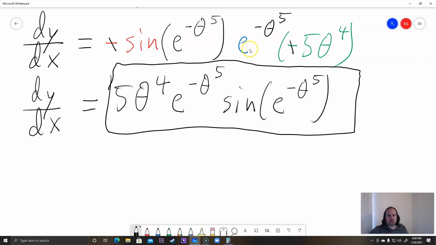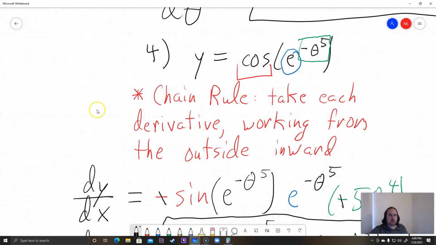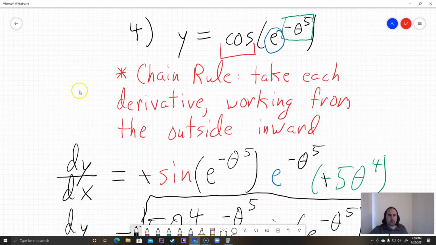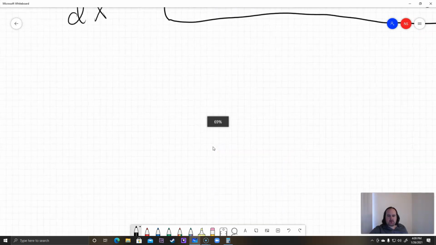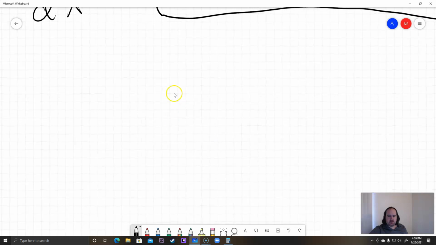Okay, so let's see some more examples, because examples are always helpful. So problem number 5. I keep zooming out; I should probably try to zoom in more.